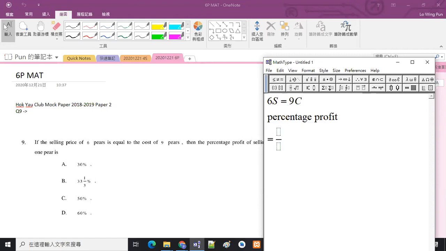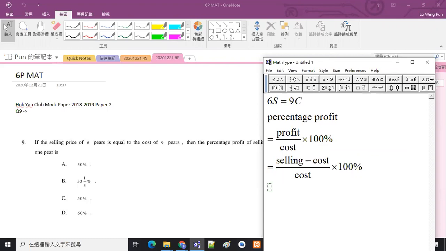Percentage profit is equal to the profit over cost times 100%. But how to find the profit? Profit is selling price minus the cost price, divided by cost price, times 100%.